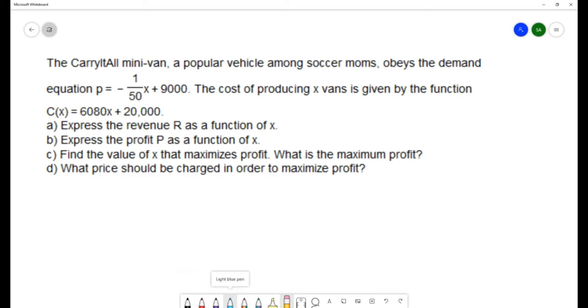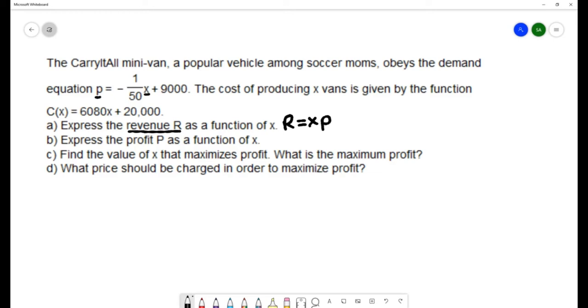We're going to start with part A, and in part A we want to express the revenue, capital R, as a function of X. We have a business formula where we can calculate the revenue, and the revenue is X times P. And X and lowercase p are the variables that we described up here in the demand equation.